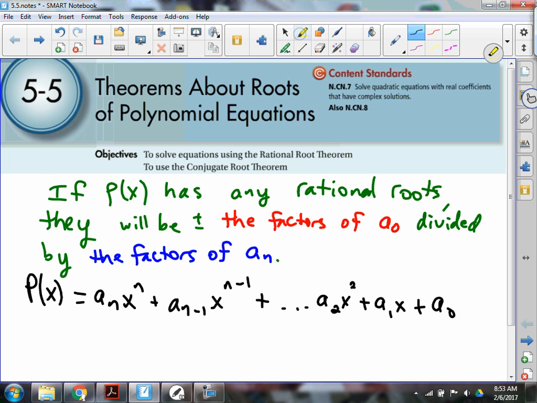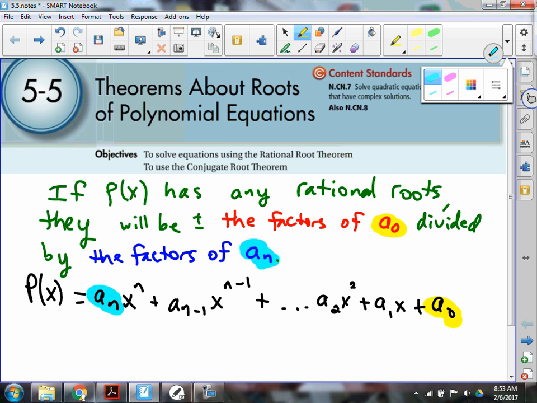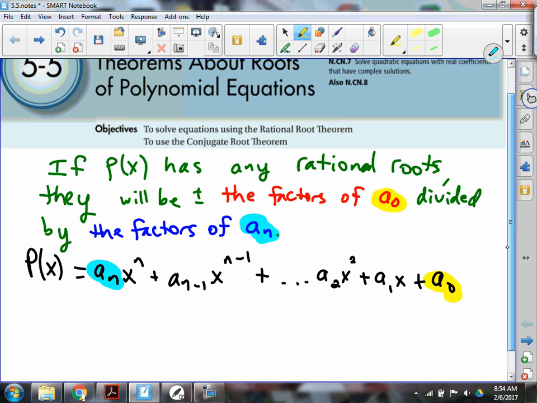So the a sub 0 in question is just simply the constant term in our polynomial, and the a sub n that we speak of is the leading coefficient in our polynomial. If you think about factoring, we usually look at the constant, and if we factor something that has a leading coefficient other than 1, then that number comes into play also.